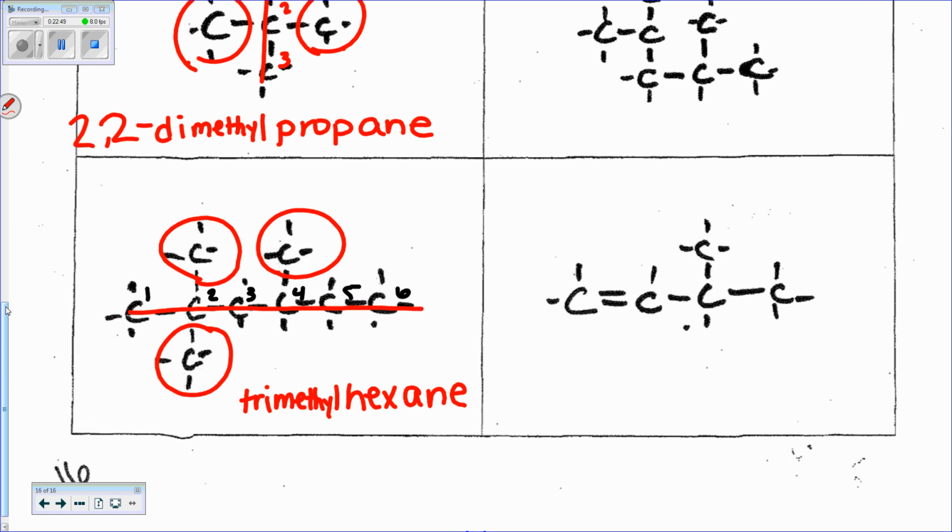So 2 of them are on the 2nd carbon. So 2, 2. The other one is on the 4th carbon. So 2, 2, 4 dash trimethylhexane.